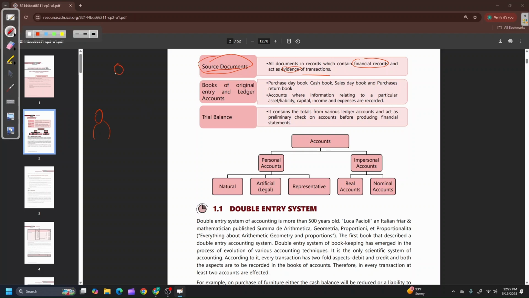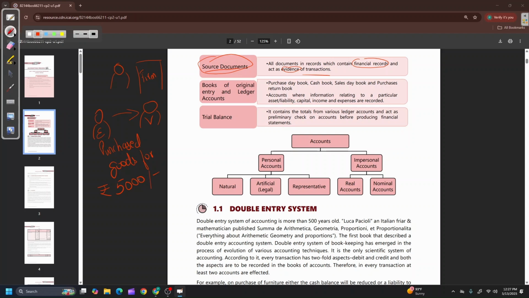So this is you, the owner of this firm. This is one of your employees. He went to the vendor, this is your vendor, and purchased goods for, let's say, 5,000. He purchased goods for 5,000.